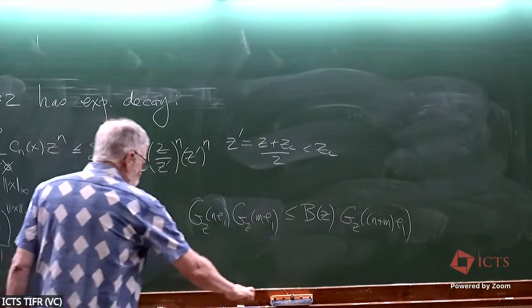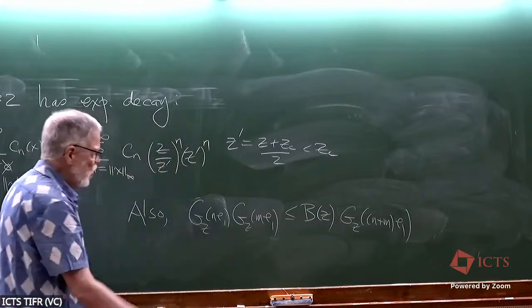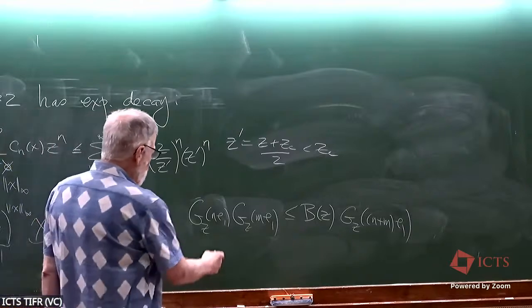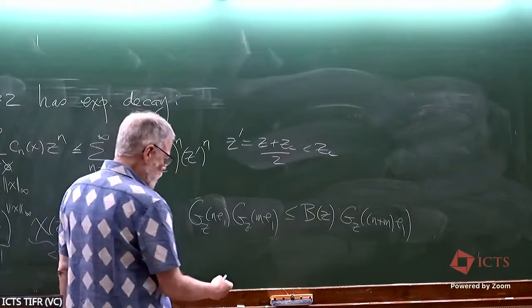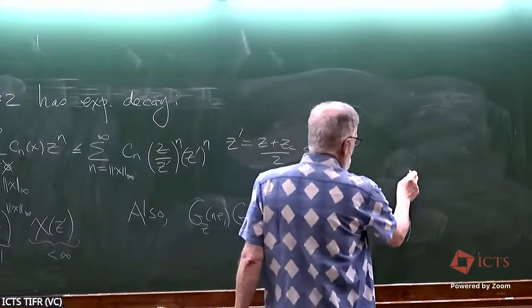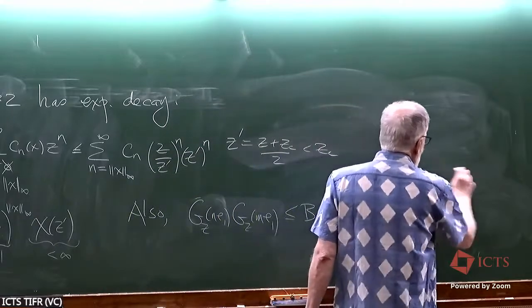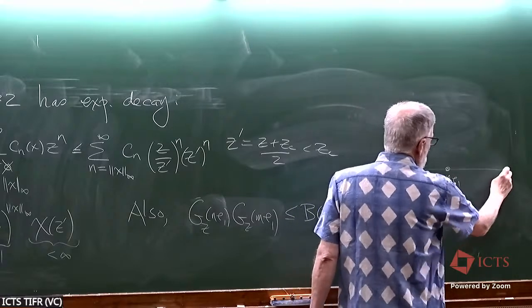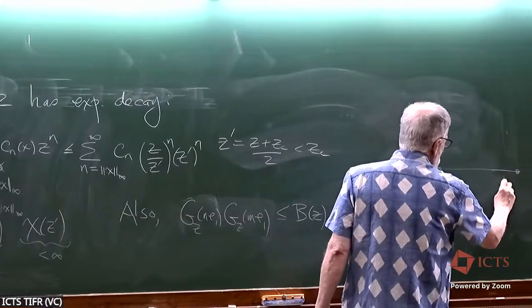Why? So actually, you can replace e_1 by any x. It would still be true. Let's do it for e_1. Here's 0, here's n e_1, here's (n plus m) e_1.